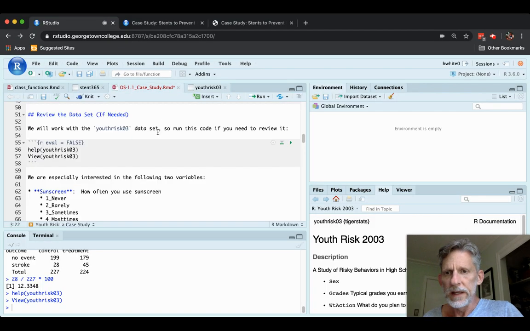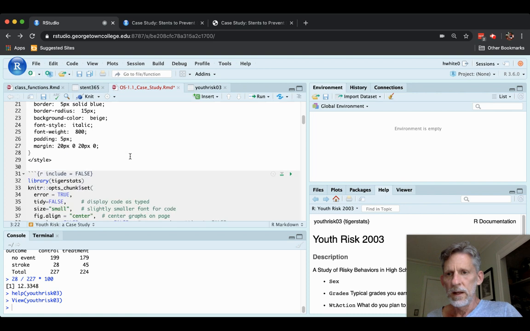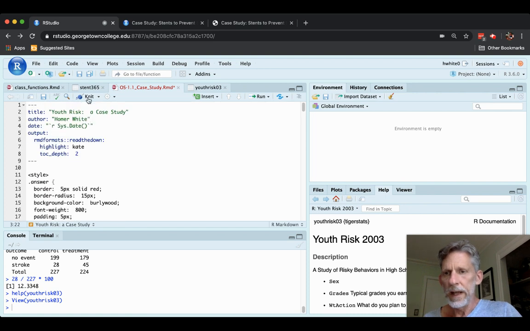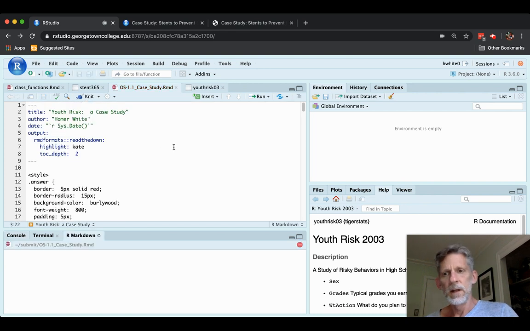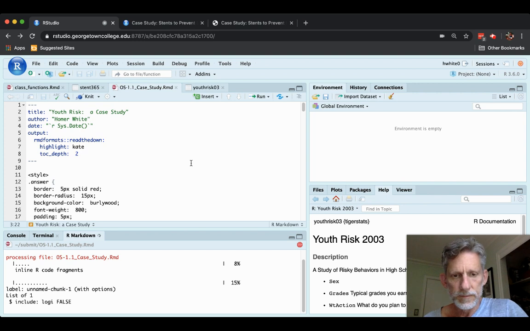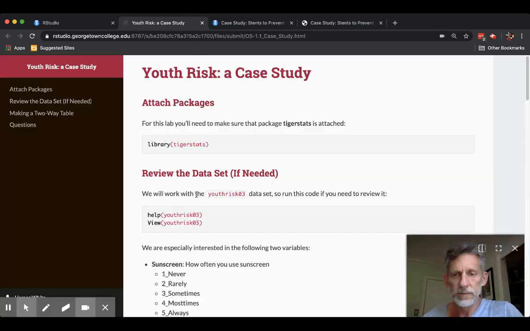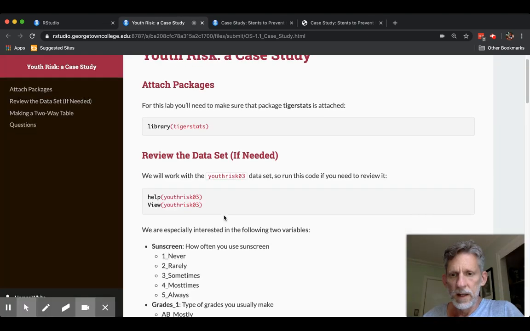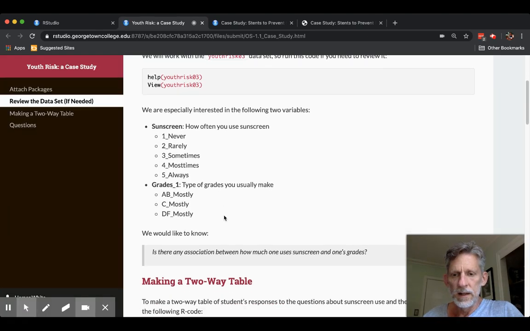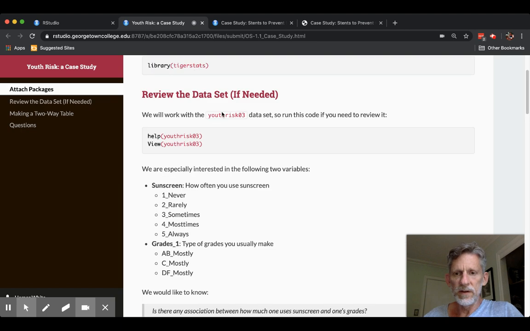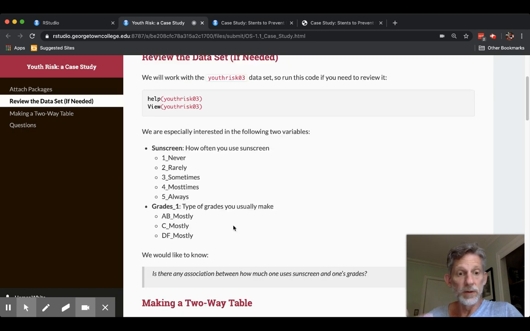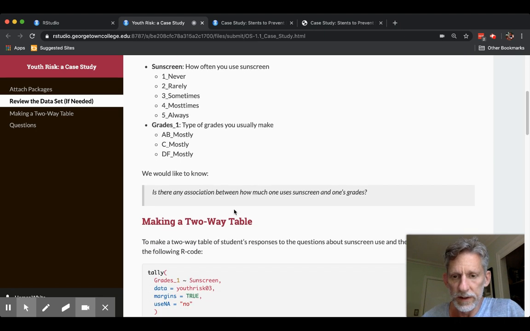Heading back to the DA itself here, I'm going to go ahead and knit it up so we can get a good look at it. And I'll pop it up big in the browser. And you can see that this is the setup work that it's asking you to do, that we've been addressing somewhat here in the screencast.